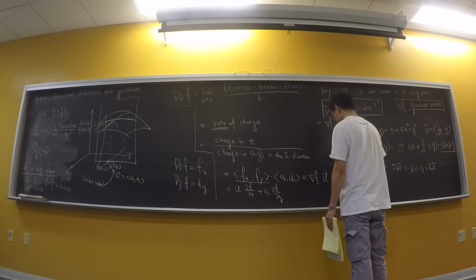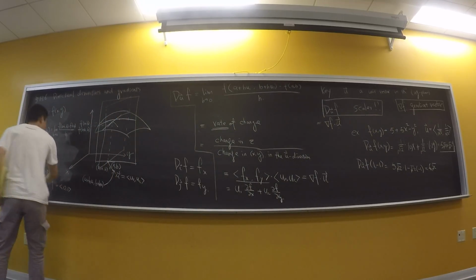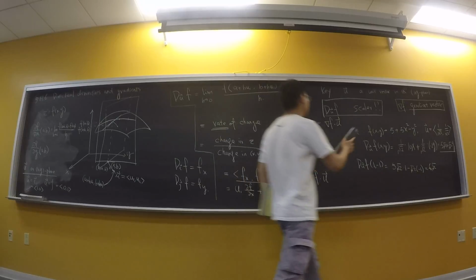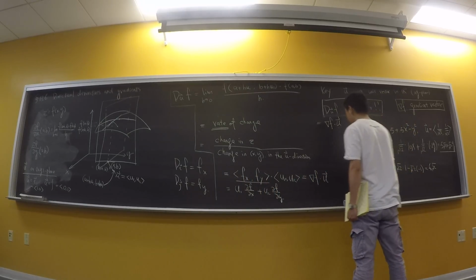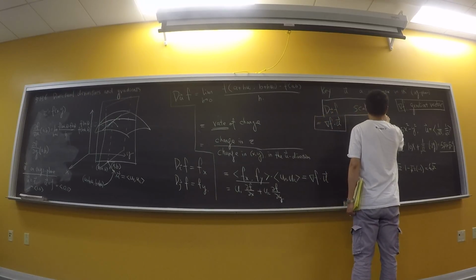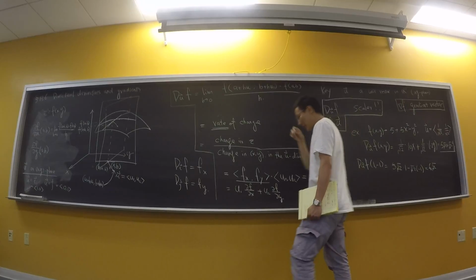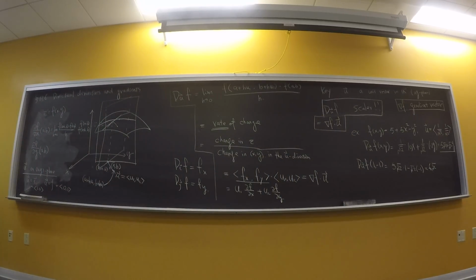So this is a simplified formula for computing the directional derivative. Okay. So the whole thing would be the key right here. The directional derivative, as our scalar, is the dot product between two vectors. One is given by the gradient vector, the other one is given by the directional vector.